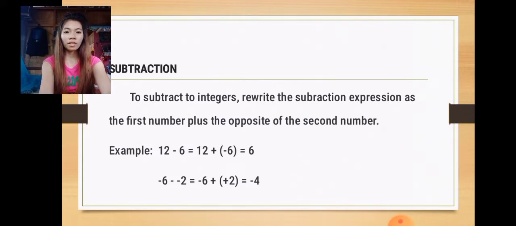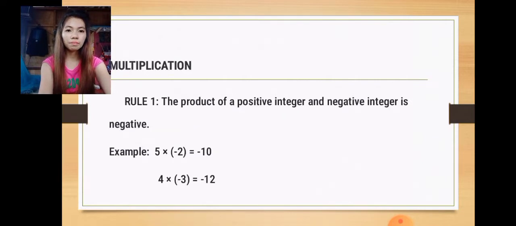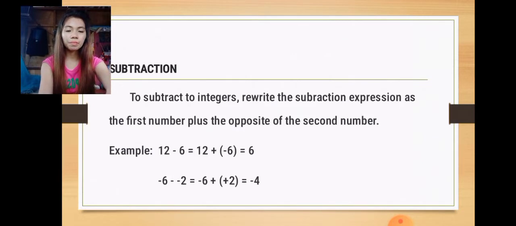The second example is negative 6 minus negative 2, which is equal to negative 6 plus positive 2, which is equal to negative 4. So in subtraction, always remember, to subtract an integer, add its opposite.